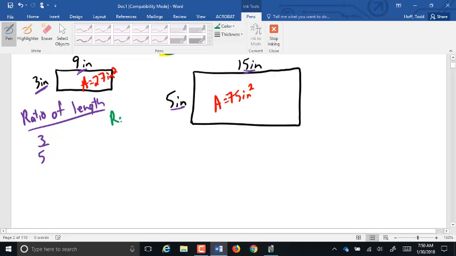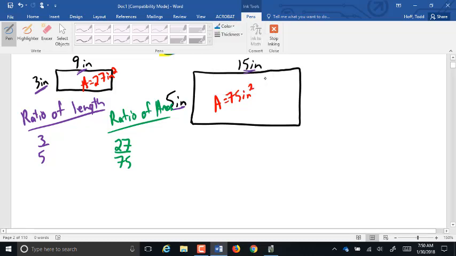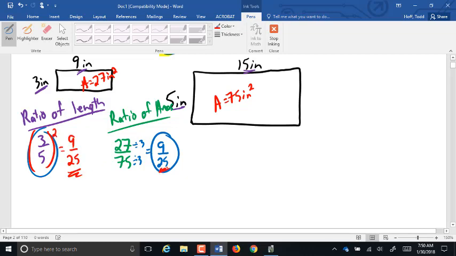So the ratio of areas, 27 over 75. Both of those, by the way, can be divided by 3. That gives you 9/25. Does that hold true? What is 3/5 squared? Well, 3 squared is 9, 5 squared is 25. Yes, it does.